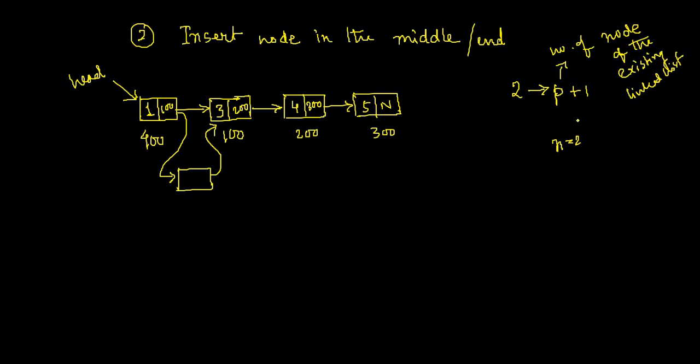Now why have I given the maximum value of n as p plus 1? If you want to insert one more node, after inserting something in the second position, you now have 5 nodes.